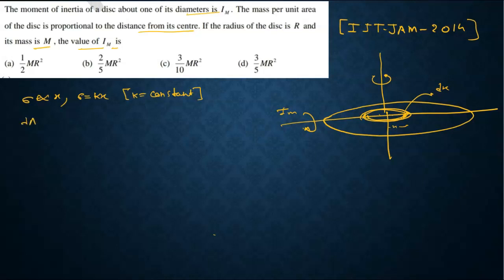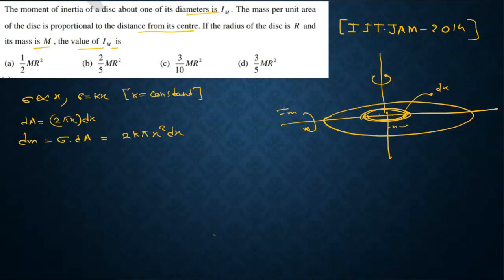So the elementary area dA is 2 pi x dx, and the elementary mass of the ring is sigma into dA, equals 2k pi x square dx.